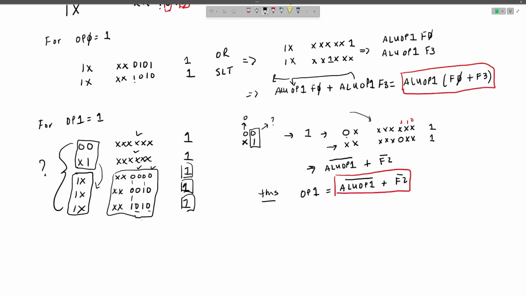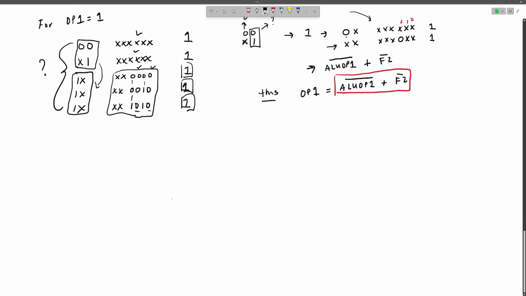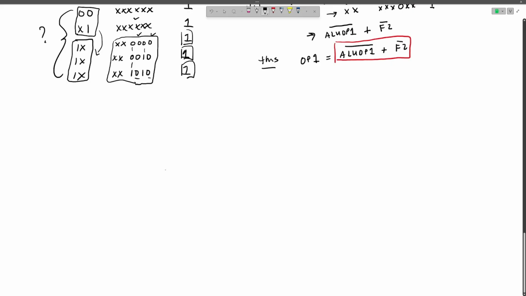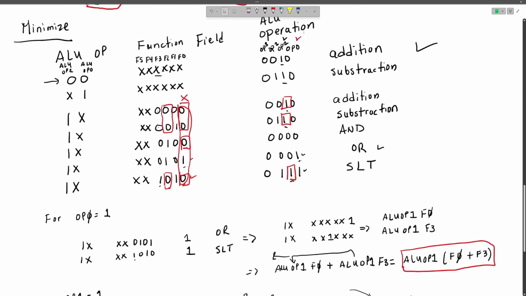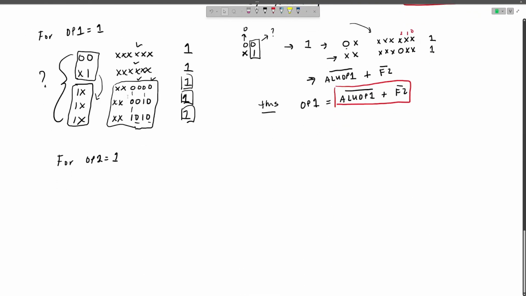And now for the second operation, we have OP2. We have to go back to the equation and see. So we don't care about that one, it's a 0, but we do have the second one. So X1, the other ones are don't care.